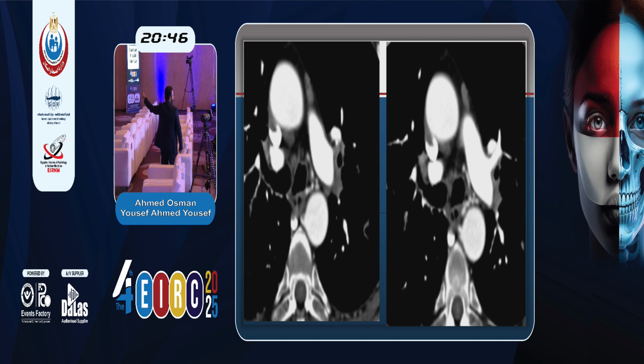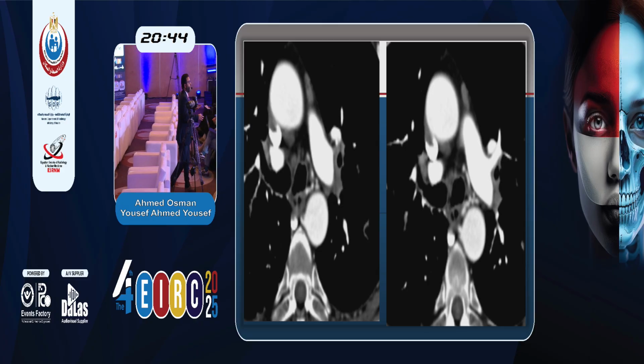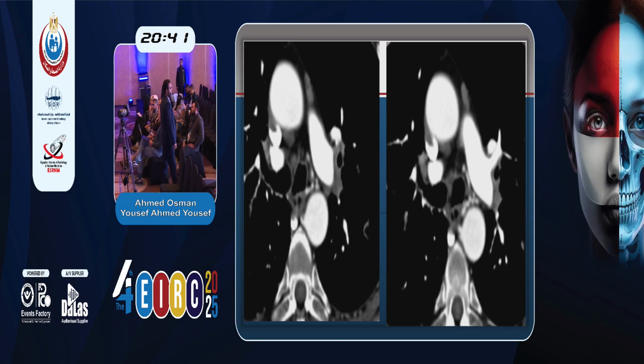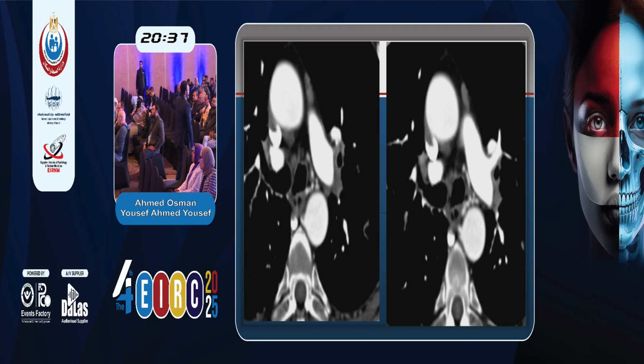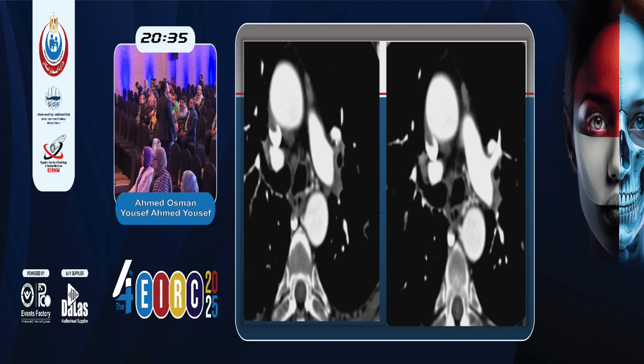And this is what's called road mapping for the interventional radiologist to very easily go to the bronchial arteries, which always arise from the descending thoracic aorta.